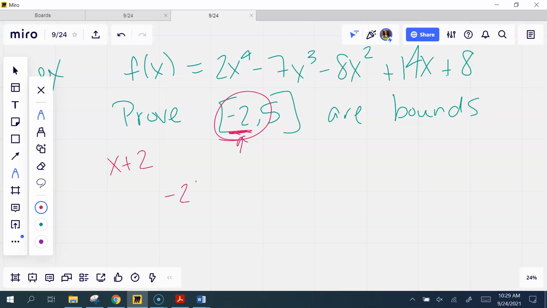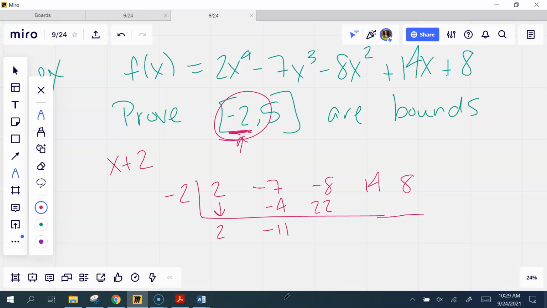So I'm going to do -2 on the outside, and I get, here that's 2, let's see, 4, 3, 2. Watch your placeholders. -7, -8, 14, and 8. And I'm just going to run through this quickly. 2, -4, -11, 22. -10 would be 12 plus 2, 14. -28.